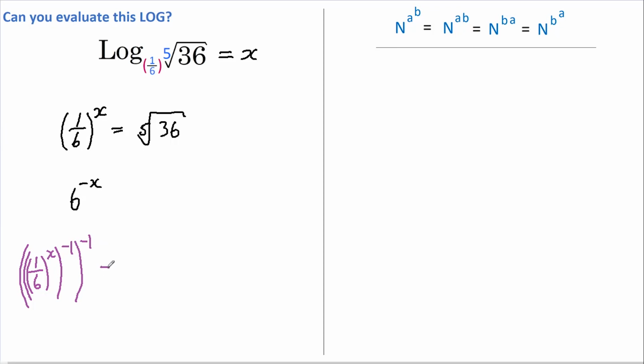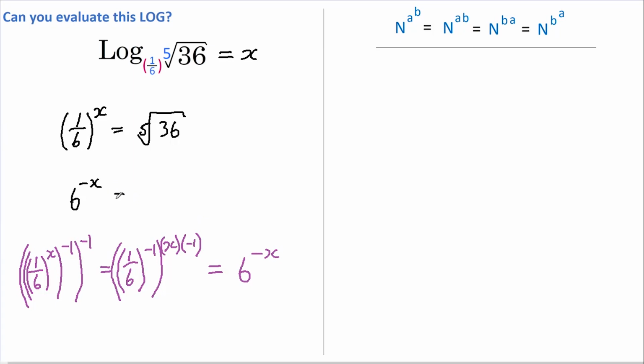We could also rewrite this using the rule above as 1/6 to the -1, all raised to the power of x, multiplied by -1. This gives us 1/6 to the -1, which is 6, and -1 times x is -x, which is exactly the same as we had here.